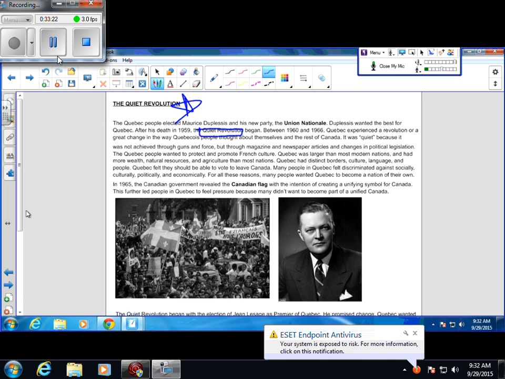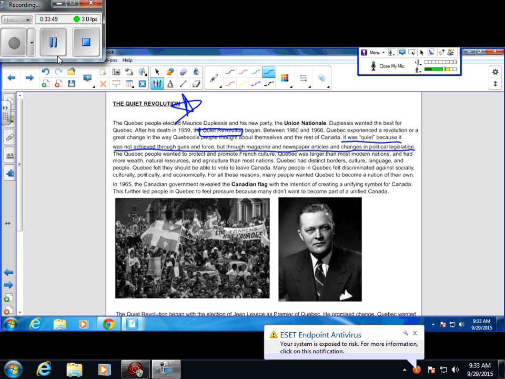The reason it was called a quiet revolution was that it was not achieved through guns, force, and violence, but through magazines, newspaper articles, and challenging political legislation.